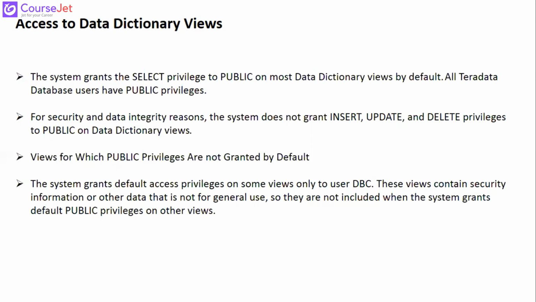As I said, the system grants the default access privilege on some views only to the user DBC. These views contain security information or other data that is not general. This information can't be shared with every user because it contains restricted data.